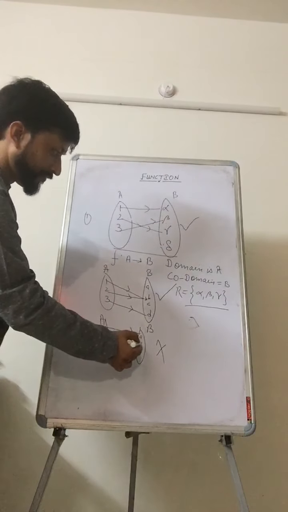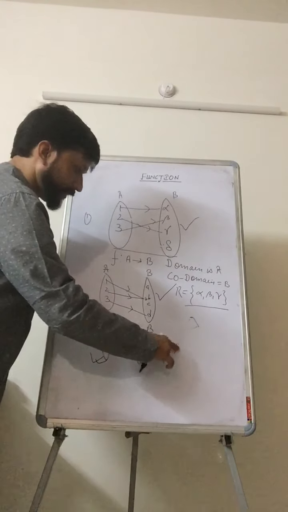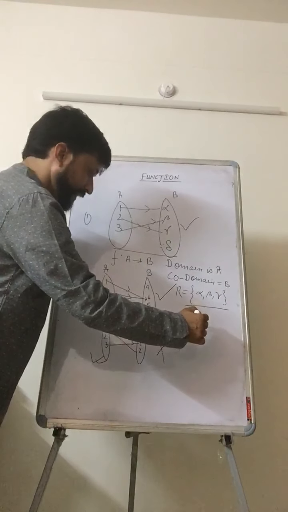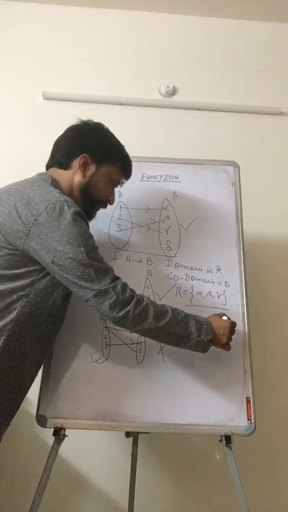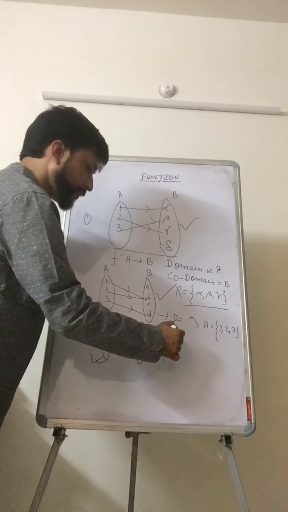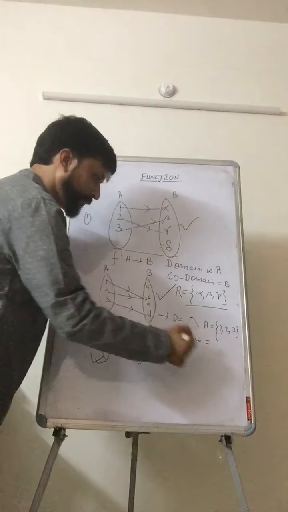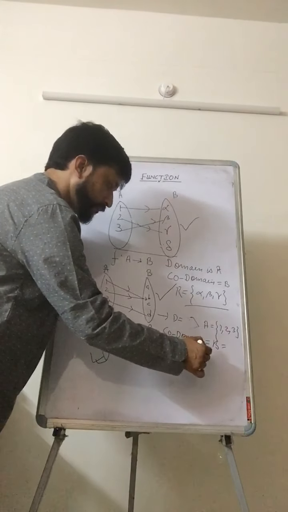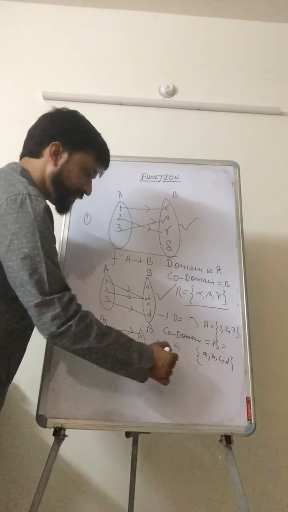And similarly we can find for this, the domain is your set A, this one is the function. So the domain is your set A, that is, you can write 1, 2, 3 in this way also. Codomain is your complete set B, and if you want to write the members, then you can write in this way A, B, C and D. And what about the range?